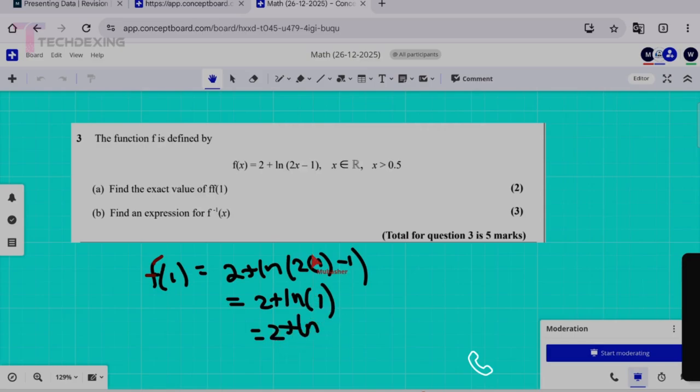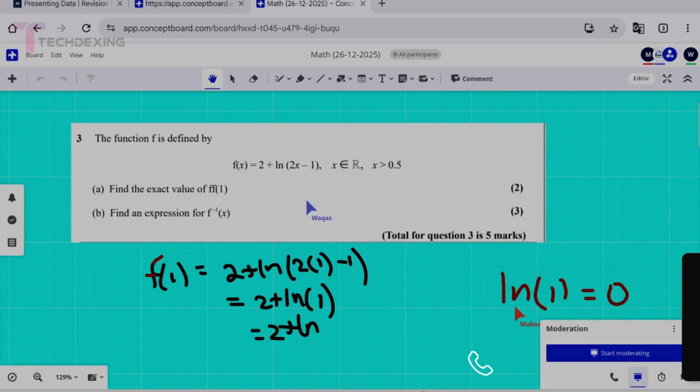Okay, let me tell you about this. The natural log of 1 will be equal to 0. You need to keep in mind natural log 1 equals 0. If you have a calculator, you can check it, or otherwise we can do it later, and I will explain it to you.